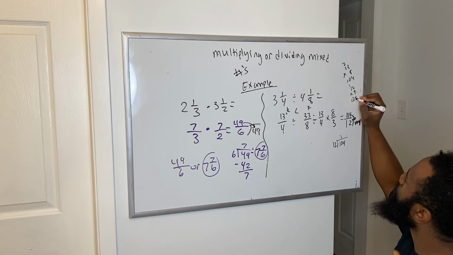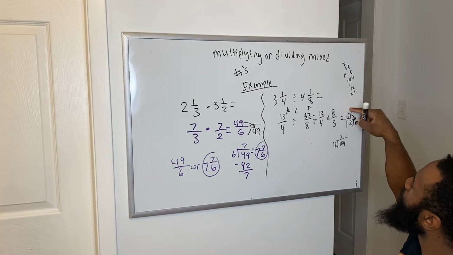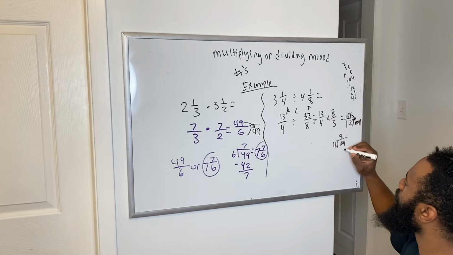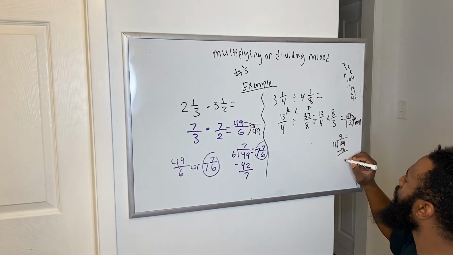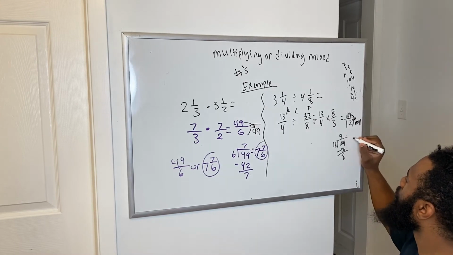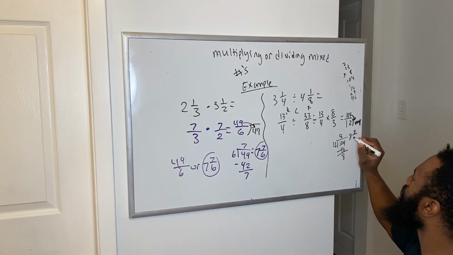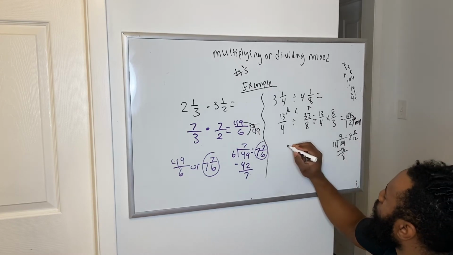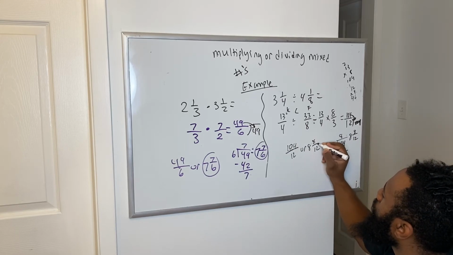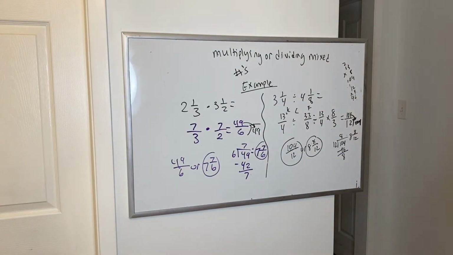So that's 8. 12 times 8 is 96. 104 minus 96 is 8, I believe. So, the quotient is the whole number. The remainder is the numerator, and the denominator stays the same. So, it's either 104 over 12 or 8 and 8/12. And that's how you multiply and divide mixed numbers.